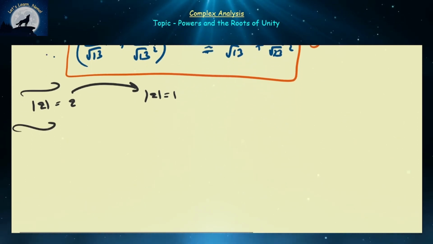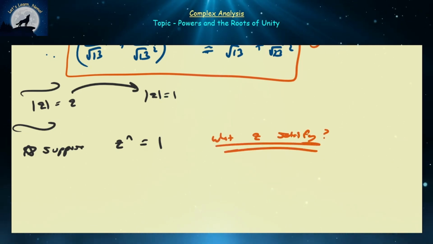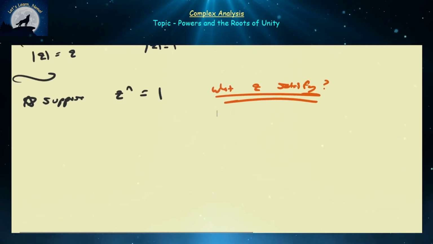So what we want to do generally is suppose that we have z to the power of n is equal to 1. Now our goal is to figure out, okay, well, what numbers z satisfy this particular equation? Well, it's obviously the case that 1 to the power of n will be equal to 1, but nobody really cares about this particular equation.